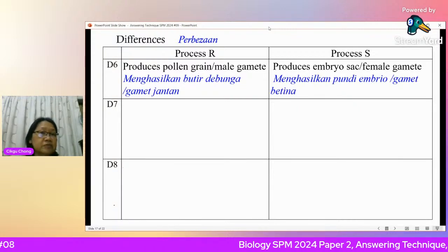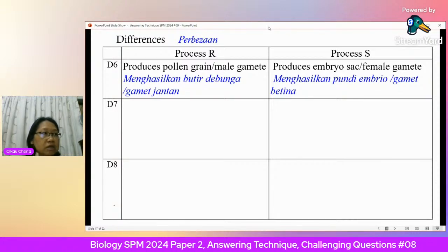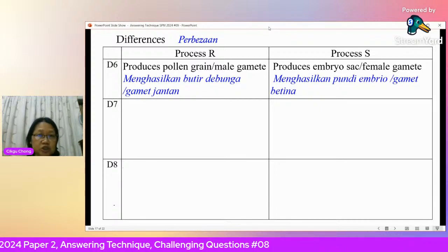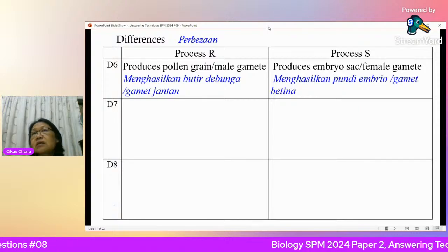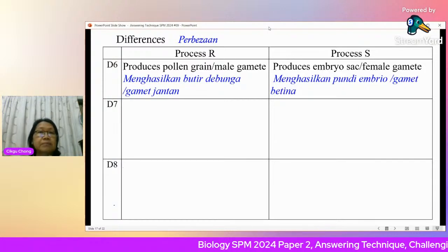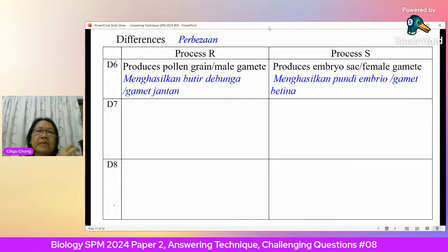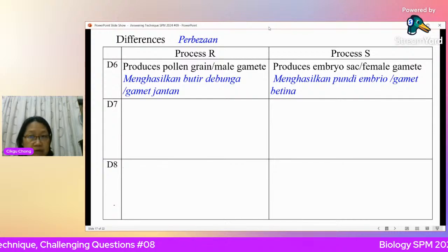You see the differences between question 1 and question 2. Question 1 is specifically on the anther and the ovary, the physical structure, the differences and similarity, whereas R and S is concerned more about the process, the production. That means you got to talk about meiosis and so on. Produces pollen grains, whereas this one produces embryo sac.